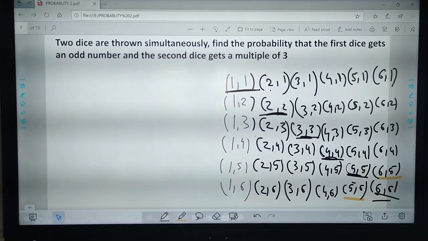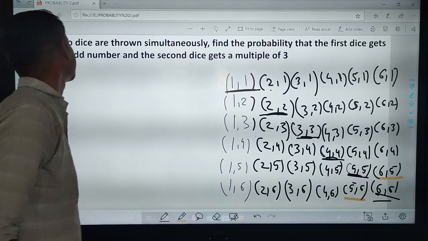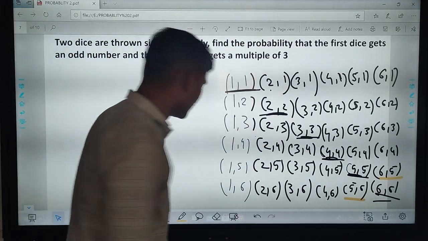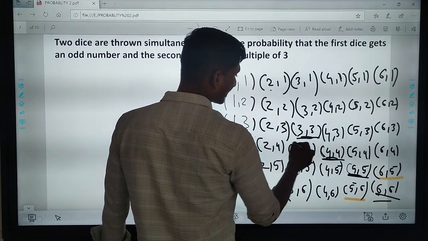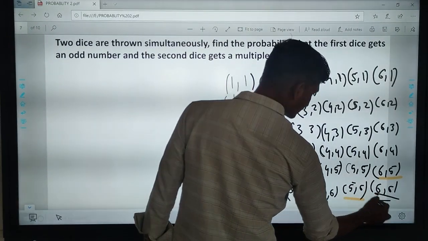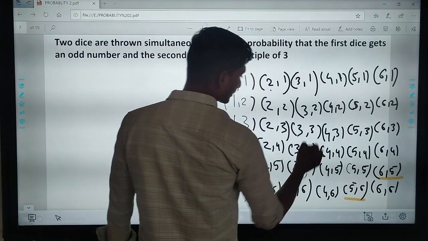Two dice are thrown simultaneously. Find the probability that the first dice gets an odd number and the second dice gets a multiple of 3.